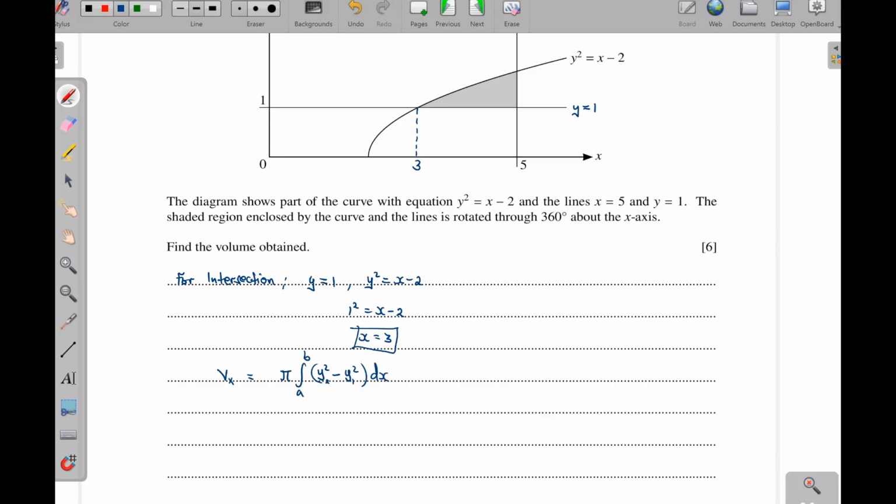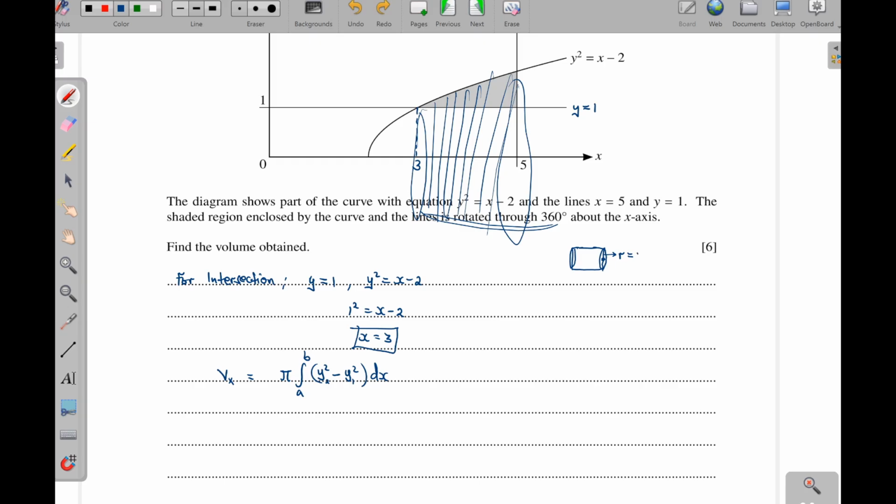How does this one come about? When we rotate this about the x-axis, we shall have something like this down here. Now we are going to have strips in here. If I pull out one strip like this, it is going to resemble a cylinder. The radius r here is an ordinate, it corresponds to the y coordinate.